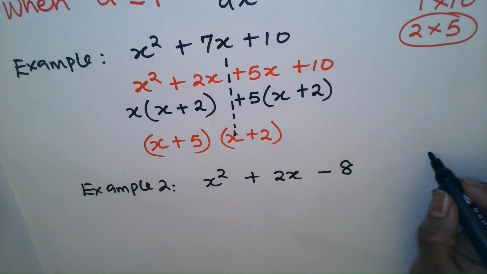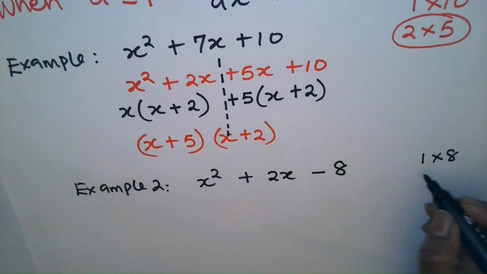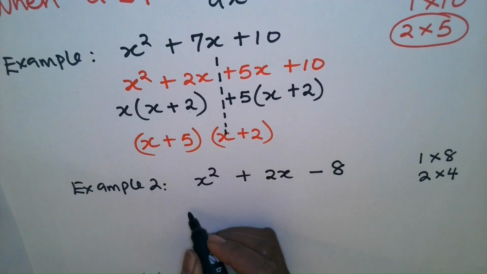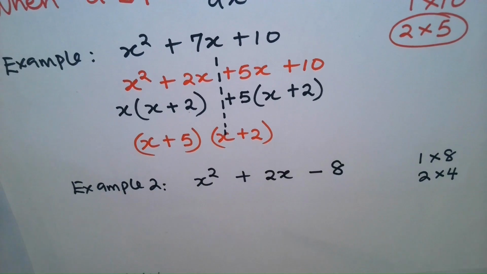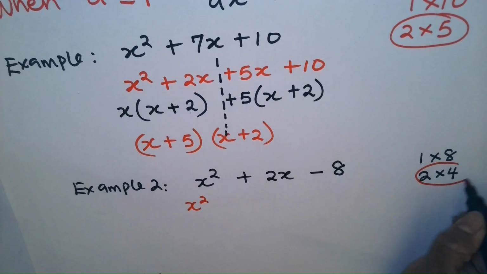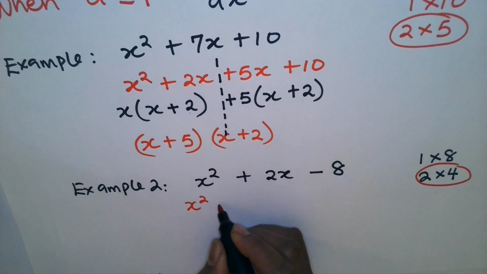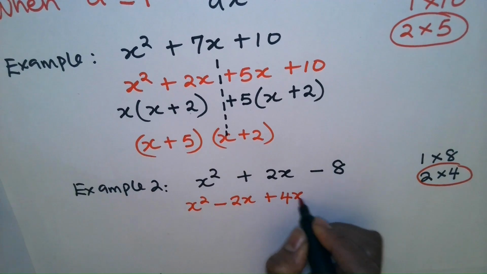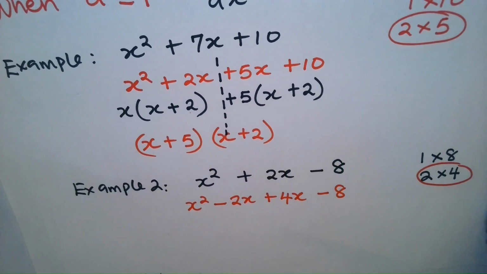Now we've got 1 and 8, and then we've got 2 and 4. So we have x squared, we're going to take this one, x squared minus 2x plus 4x minus 8.